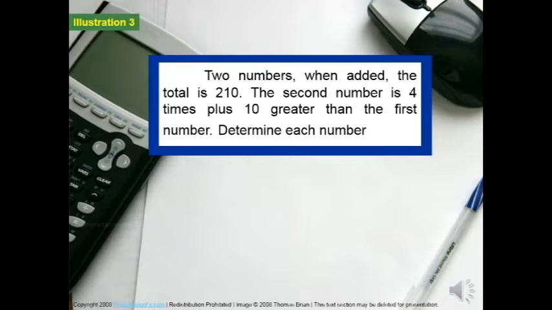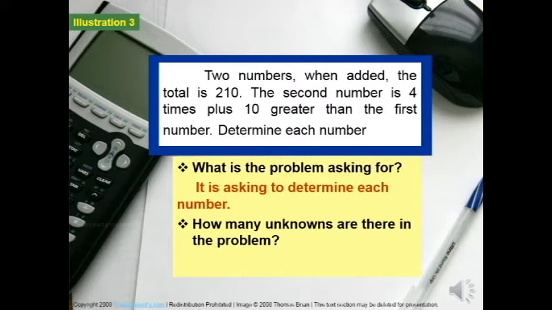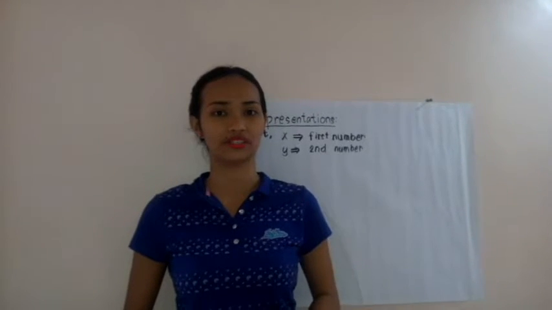Two numbers when added, the total is 210. The second number is 4 times plus 10 greater than the first number. Determine each number. In illustration number 3, what is the problem asking for? The problem is asking to determine each number. And how many unknowns are there in the problem? There are 2 unknowns. Let's have representations.